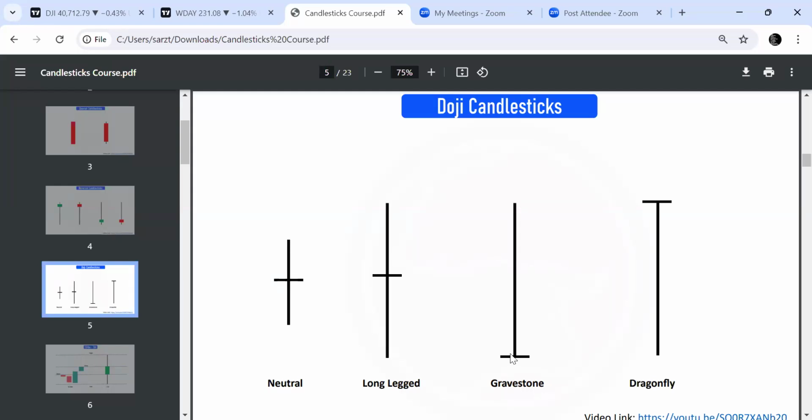So here no one wins. From the point where it opened, at the same point it closed. So these are like neutral candlesticks. Neutral candlesticks are formed when the price is pushed both upward and downward during the trading period, but ultimately closes near its opening price.